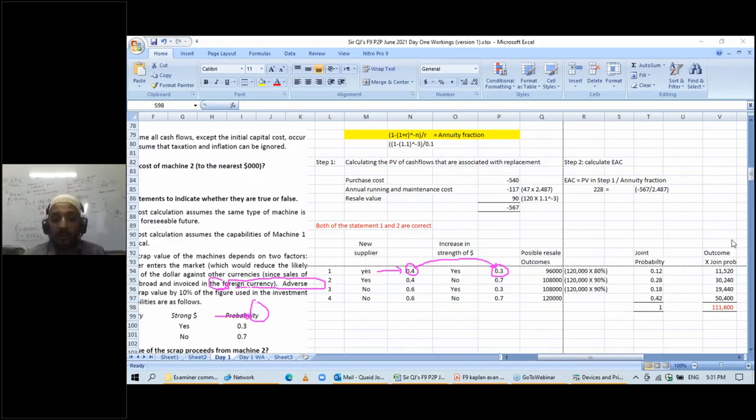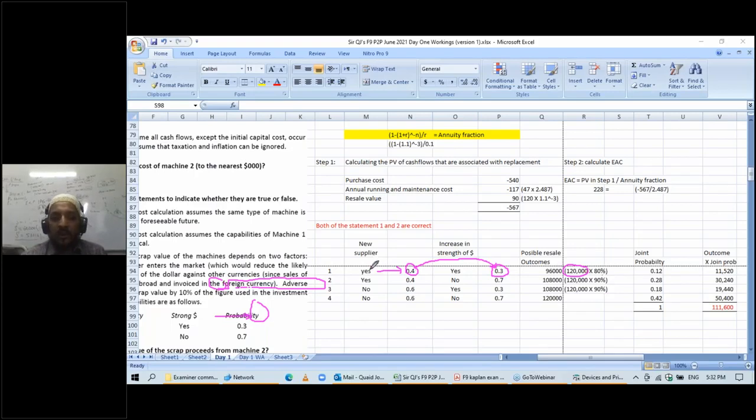Okay, there is a question by Mutayyaba: how did I get 96,000? I have shown the working beside the numbers. Let me explain what they say. The resale value is 120,000, which was given in the first part. And they say that if a new supplier enters the market, there will be a drop in the resale value by 10%.